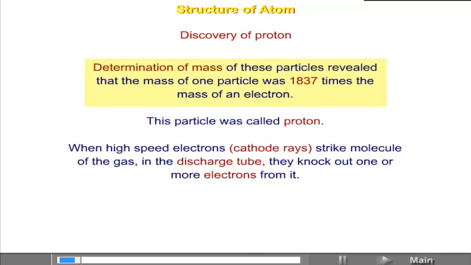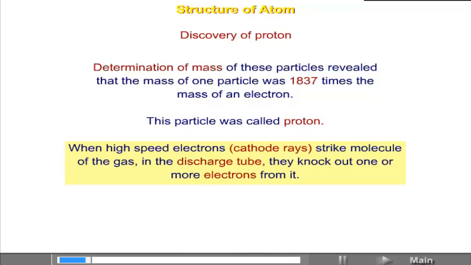Determination of mass of these particles revealed that the mass of one particle was 1837 times the mass of an electron. This particle was called proton.